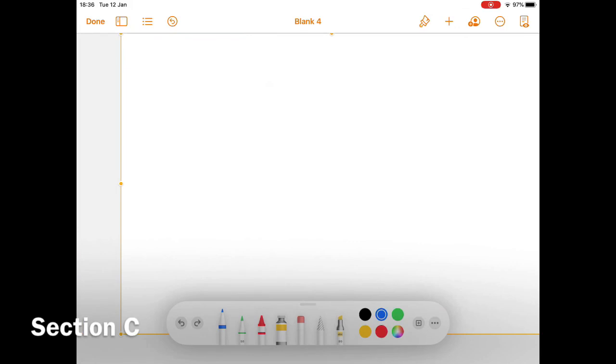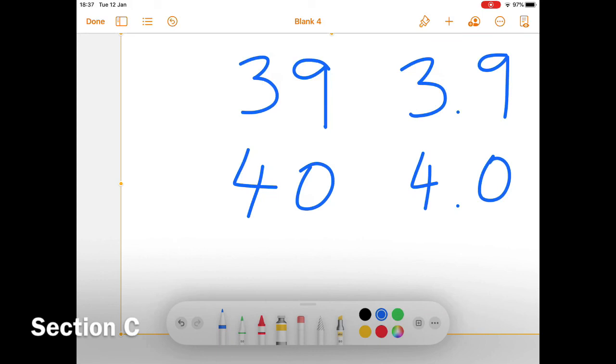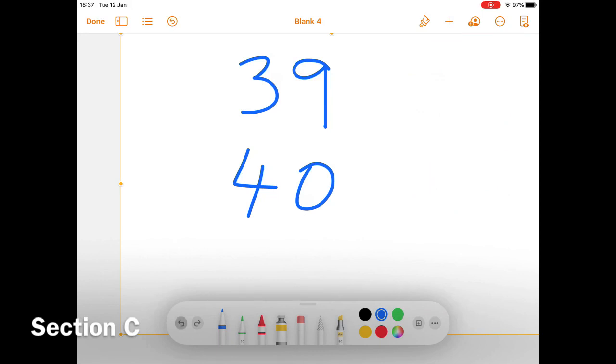So just like when you're counting your units, 39 turns into 40, 3.9 would also then turn into 4.0. So can you see how that correlates, how they look the same, okay?